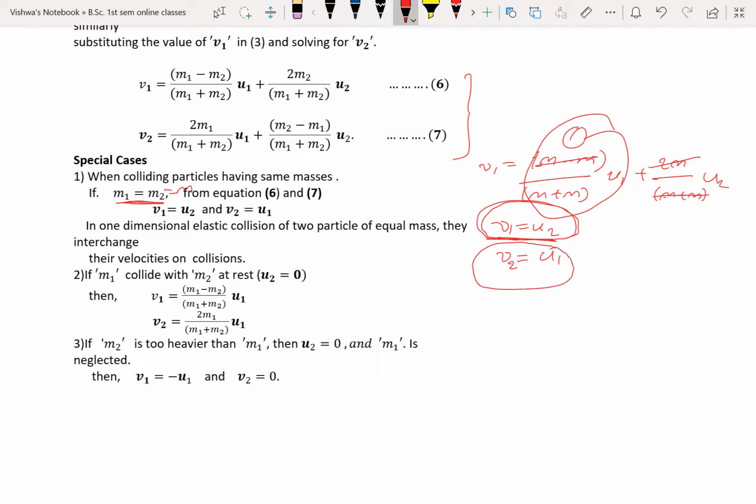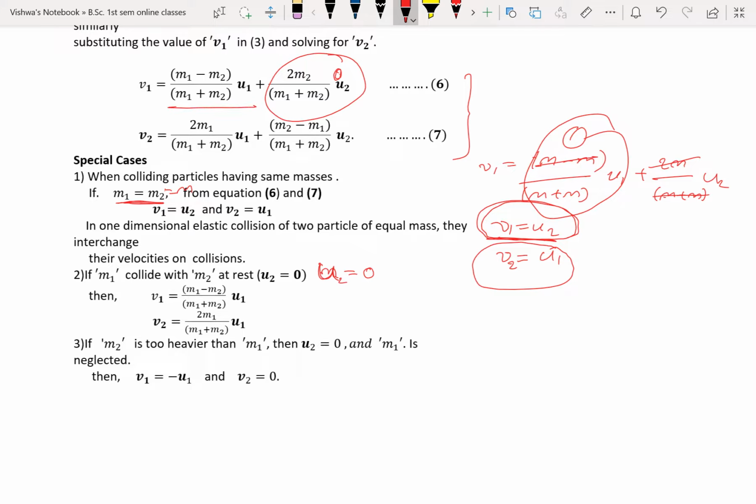Okay, and then if one is at rest, take m2 as at rest, sorry, that m2 object having velocity u2 is 0. That means substitute u2 value as 0. When you substitute u2 is 0 here, then this whole term becomes 0. The remaining is (m1 minus m2) by (m1 plus m2) into u1.